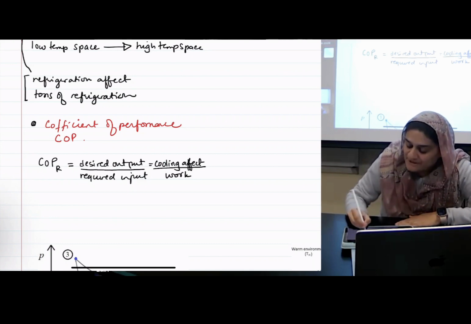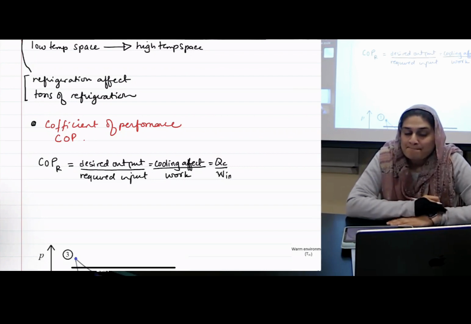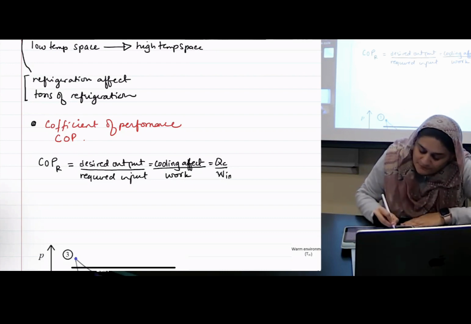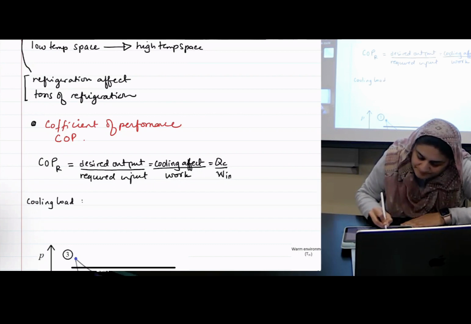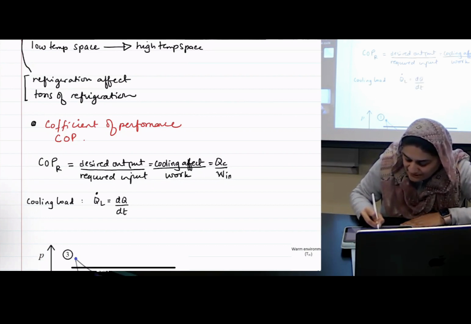No, the cooling effect is just QC. How much heat you want out divided by the work you have to do in. And the cooling load is QL dot equals dQ over dt.